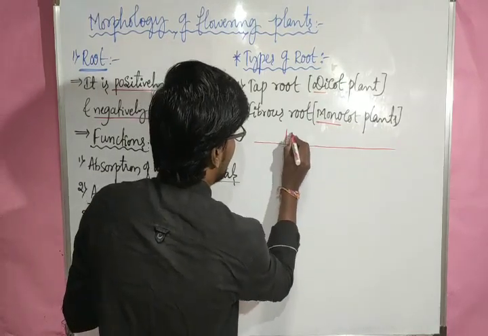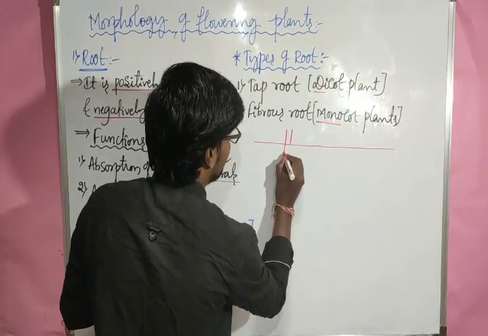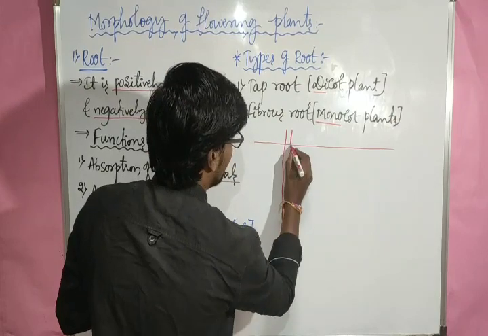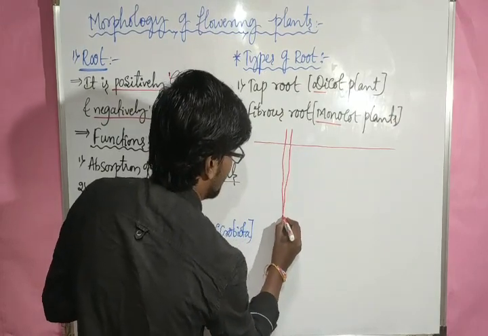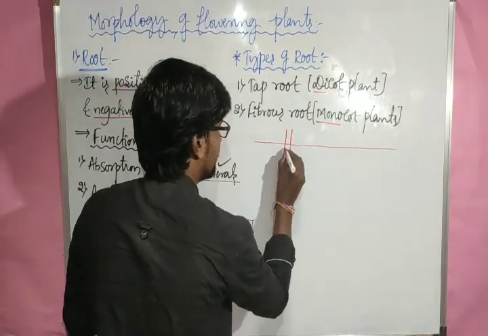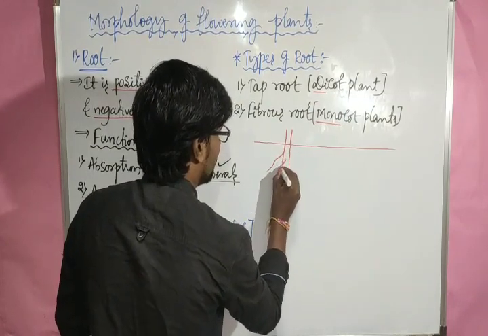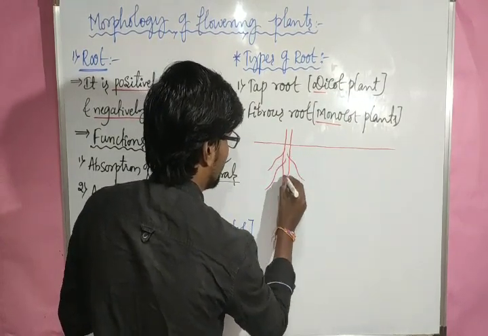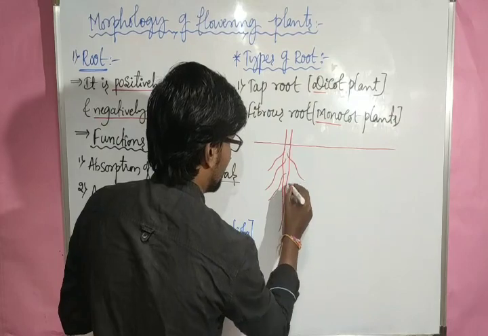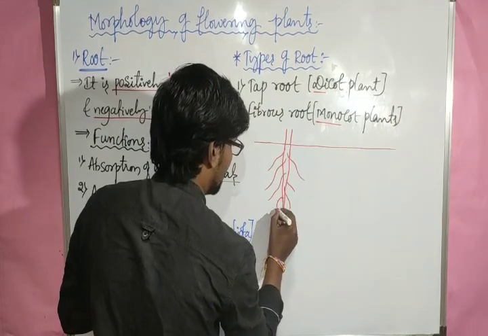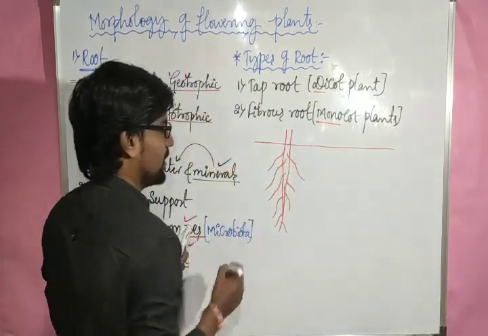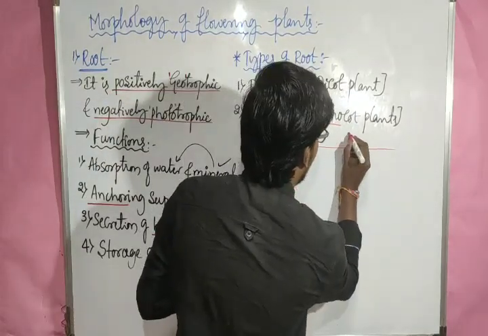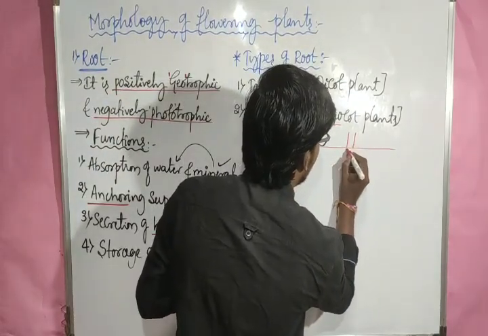This is the stem, cut stem. This is the root. And this is the stem, one side.